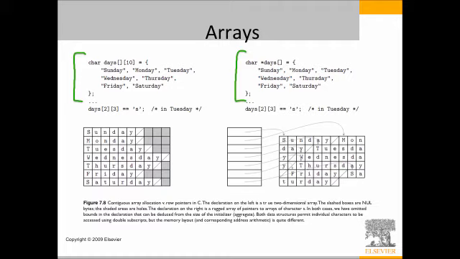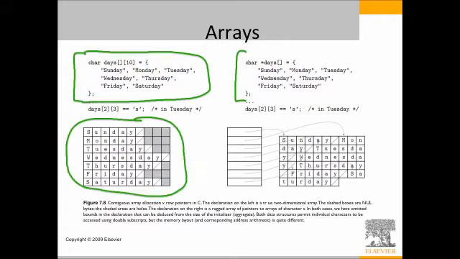So in this first way, it's storing them contiguously. So when it lays it out, every single string has the same number of spaces, in this case 10. And you see that there's some wasted space.